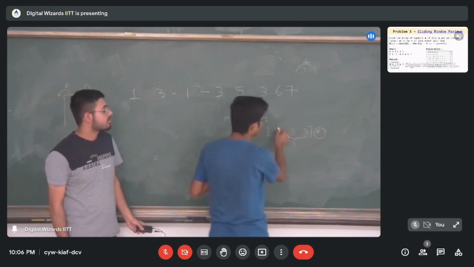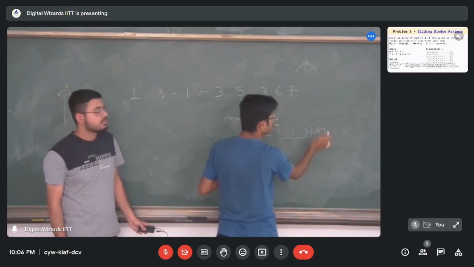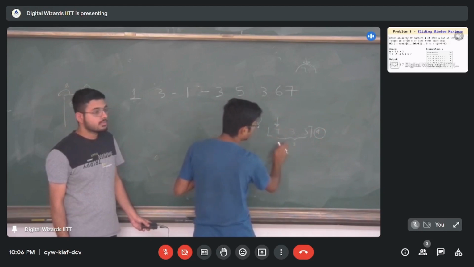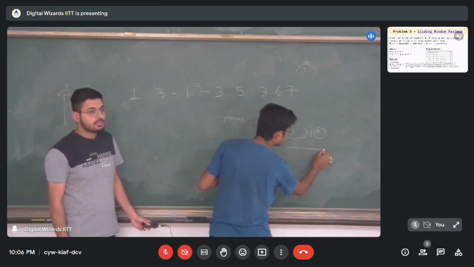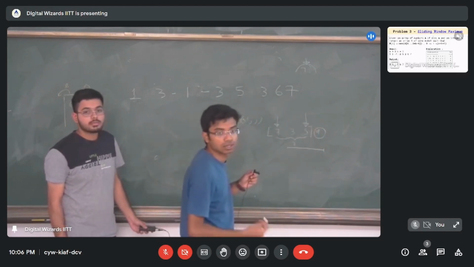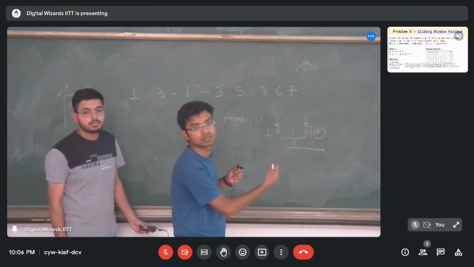Let's say you already have 7 as the maximum. You won't consider this as the next maximum, but you also need to consider that 7 is going out while you are changing this window to the next window, and you now need to consider 5 as the next maximum. So how would you be including 5 there?